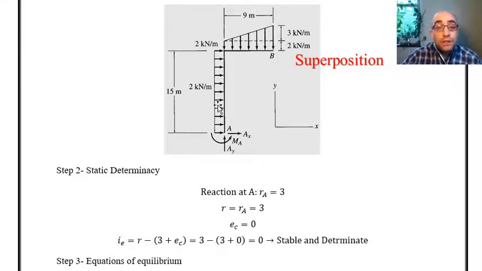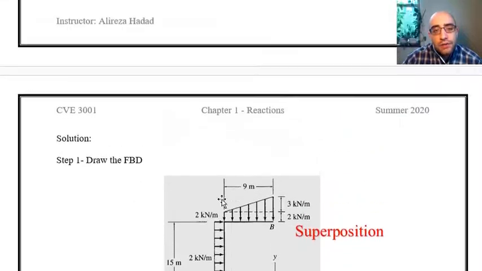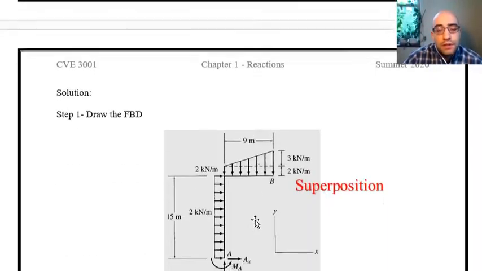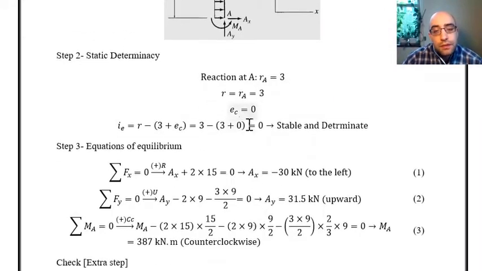As you remember, those are the equations of condition, or the conditions that we have for having a hinge or a roller inside the structure. Over here, the structure is continuous, so EC is equal to 0, and all I need to do is to put these values into this equation, and once I do that, I will get 0, meaning the structure is stable and determinate.